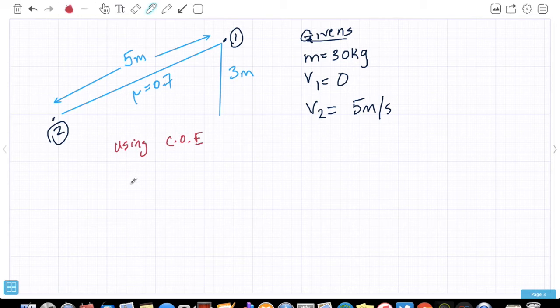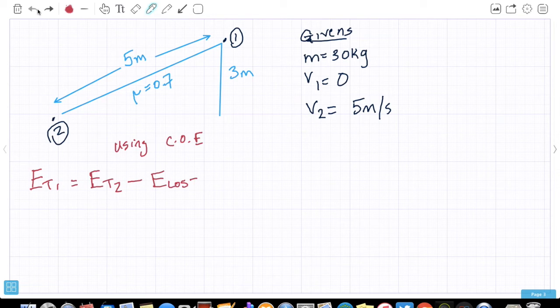So conservation of energy. So the total energy at the top, ET1, is equal to ET2 minus some energy that is lost due to heat.